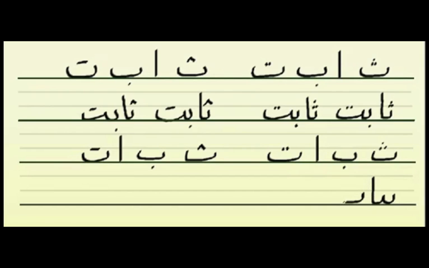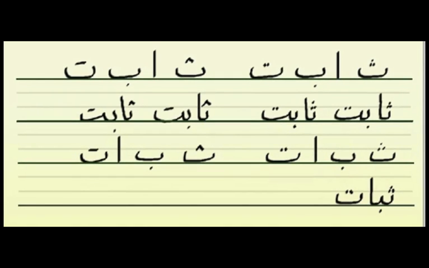Here the alif is in the next to last position. Note when a non-connector such as alif comes before the final letter, then the final letter will have an independent shape. So thabat, ta at the end has an independent shape because it does not connect to the alif, or rather the alif doesn't connect to it. Thabat.